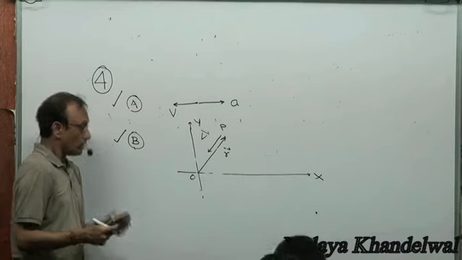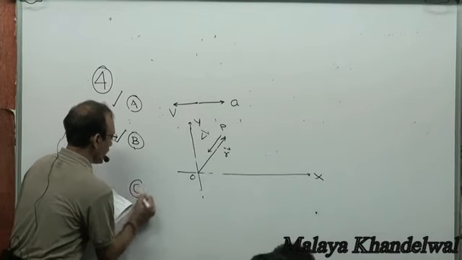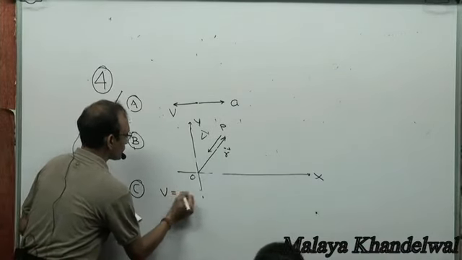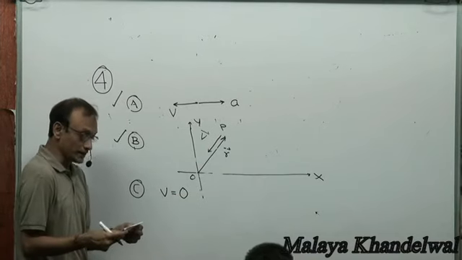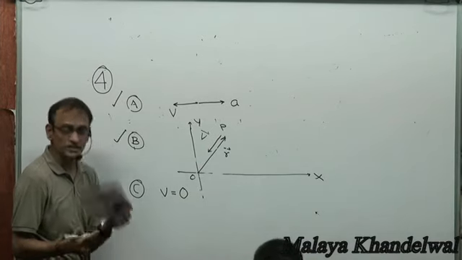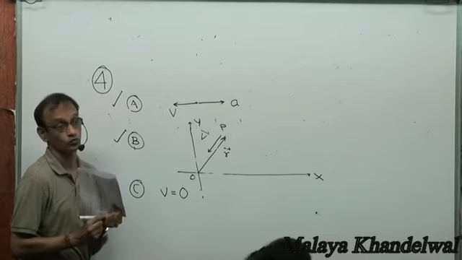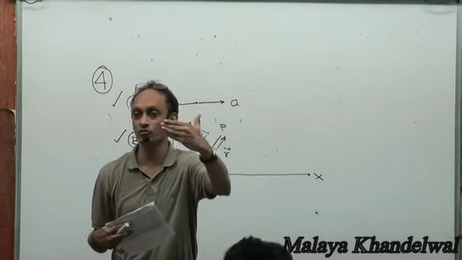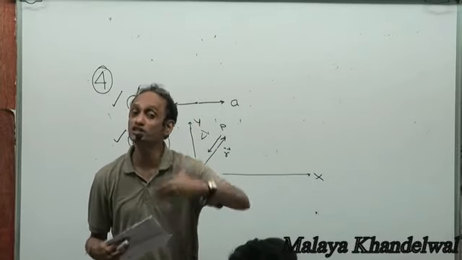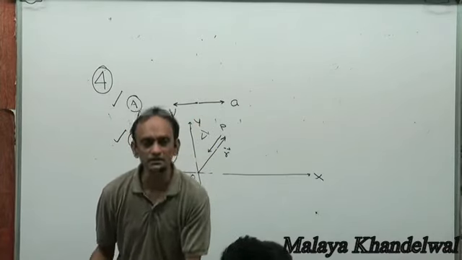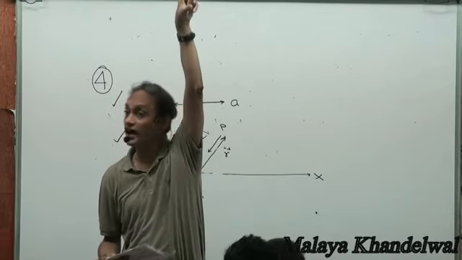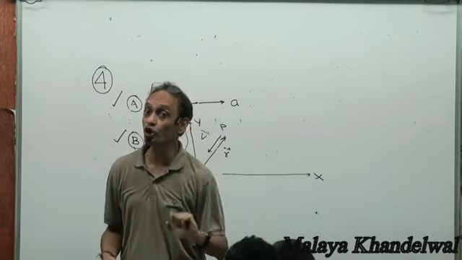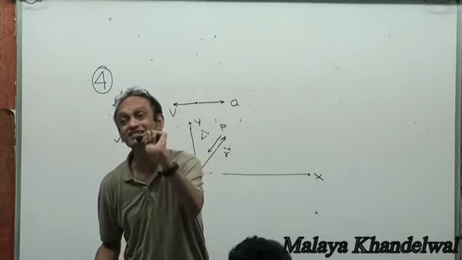Option C: if the velocity is zero at an instant, the acceleration should be zero at that instant. Is that true? No. Velocity might be zero, but the rate of change of velocity may not be zero, and rate of change of velocity is acceleration. Like it happens for a particle which is chucked up at the highest point. Its velocity becomes zero, but its acceleration is still g.